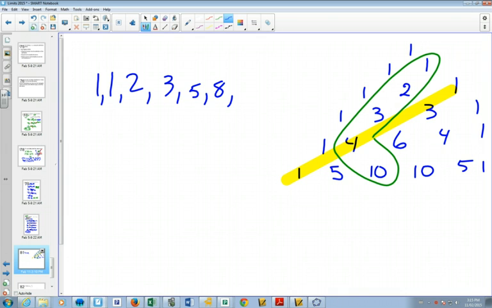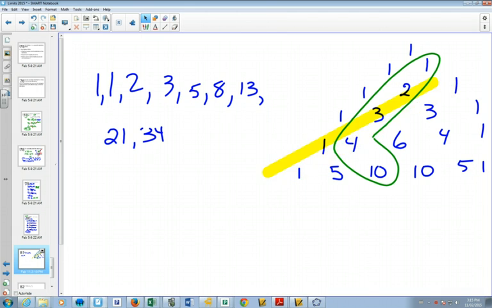What's the pattern? The next one's 13. What's the next one? 21. Next one? 34. How do you find them? You add the 2 previous ones, and then you get the Fibonacci numbers. I could talk about those for another hour, but we're talking about Pascal's triangle and not the Fibonacci numbers.